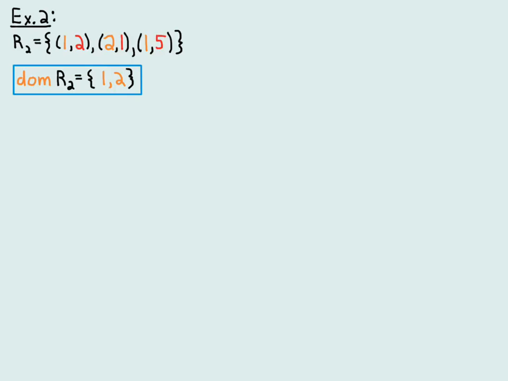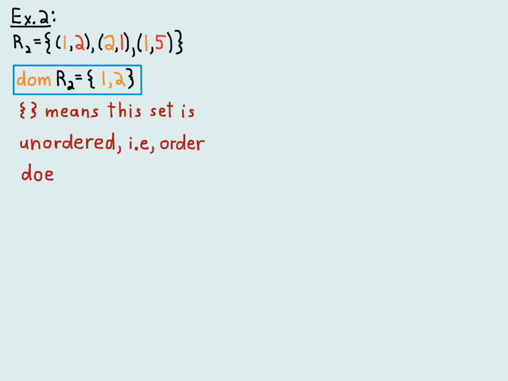It's just a list of the things that are in the domain of R2, all right? And again, the 1 occurs twice, but we don't indicate that in the domain, just like we didn't on relation number 1.